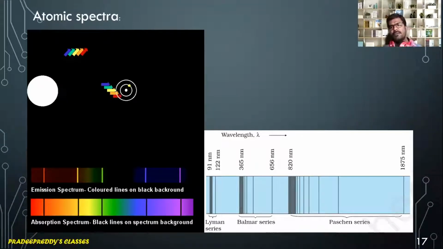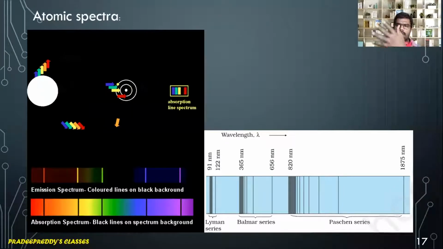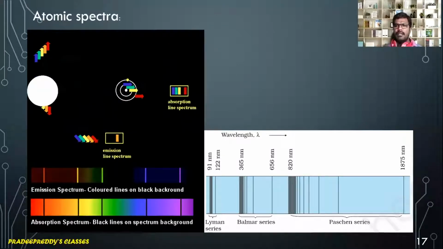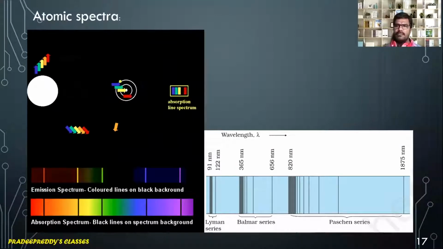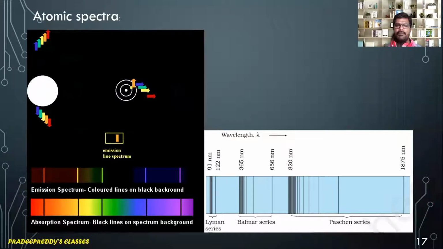If you take a detecting screen and place that detector beside the atom, the radiations which it absorbs are recorded in the absorption spectrum, whereas after absorption the same atom will emit radiations, giving the emission spectrum.